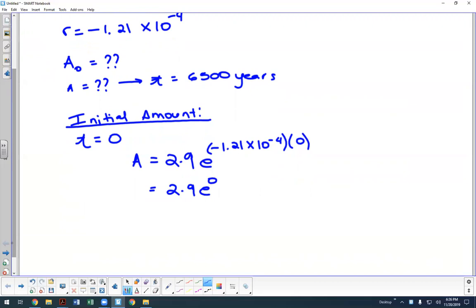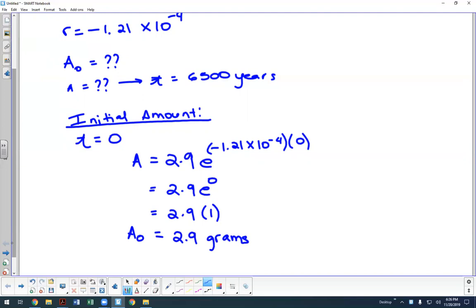Any base raised to the 0 exponent will become 1. So you actually end up getting 2.9, and that e to the 0 part of it will end up becoming 1. So that actually means at the initial time, the initial amount of this carbon 14 is actually that 2.9 grams.